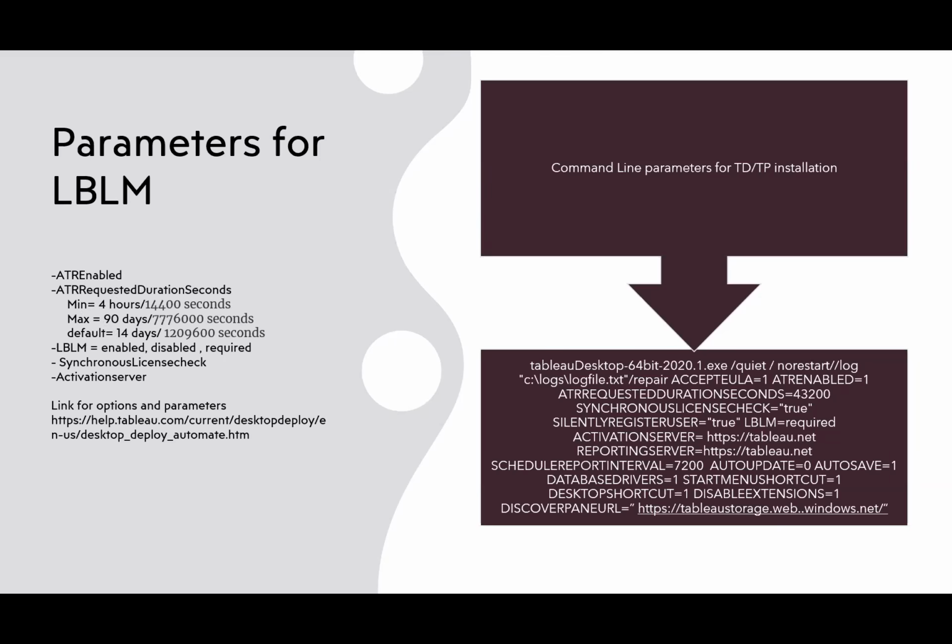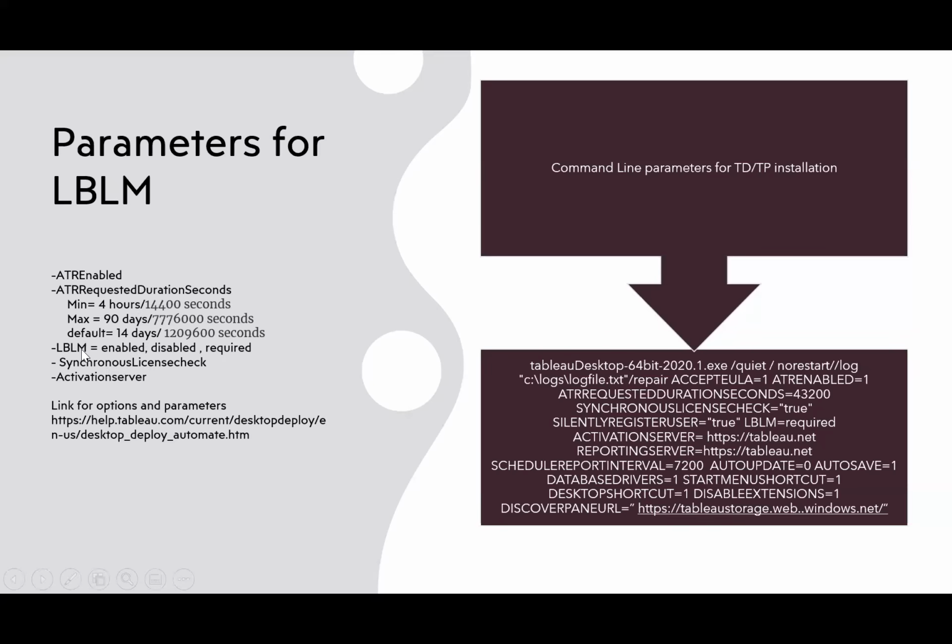In our case, as we are using non-persistent VDI machines, we have chosen 12 hours. 12 hours would be the ideal time, where the license time-to-live check will happen after 12 hours. And if the user is still using it after 12 hours, we have also used a parameter called synchronous license check, which will check whether the user is still using it, and the ATR token will automatically be extended for the other time. And we have also taken into consideration the LBLM parameter.